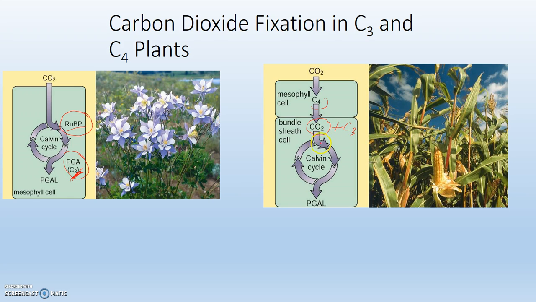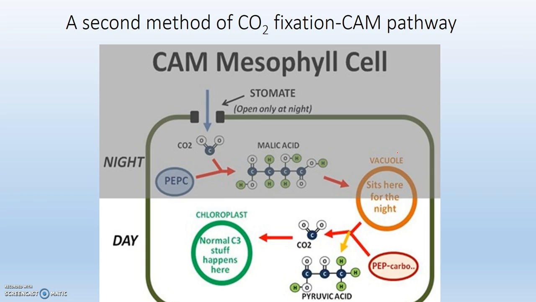This carbon dioxide is picked up by ribulose 1,5-bisphosphate, and you get the regular Calvin cycle. This is great for C4 plants. C4 plants are, of course, your corn, your wheat. These can survive in the hot, arid environment.